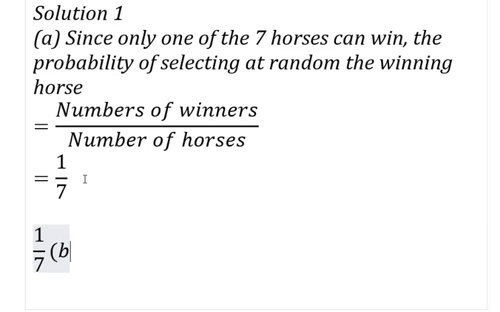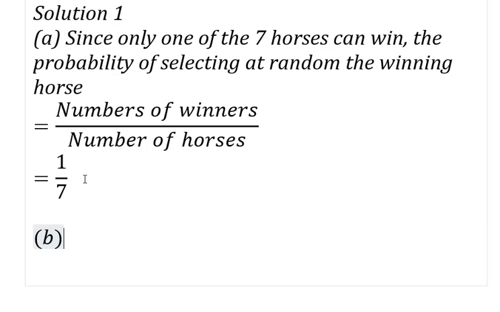So this time around for B, the winning horses in both first and second races, if there are 8 horses in each race. So the probability of selecting the winning horse in the first race, now with 8 horses this time around, at the same time, is that only one horse will win.